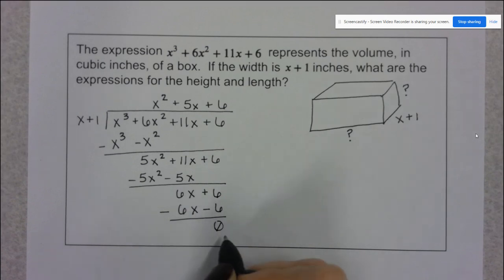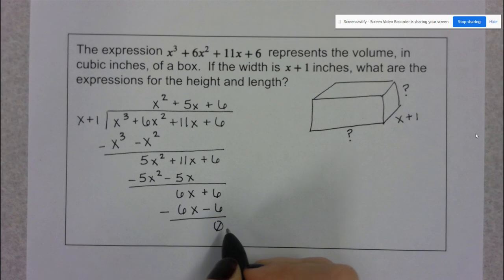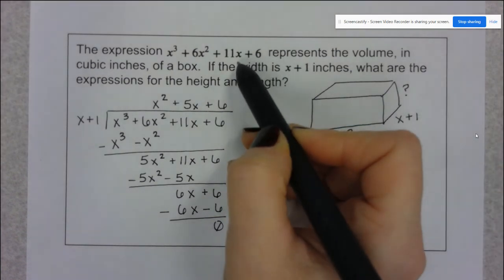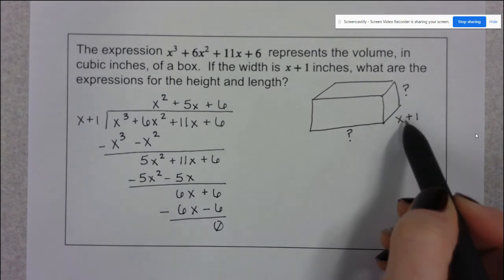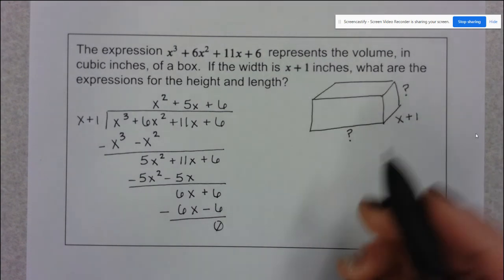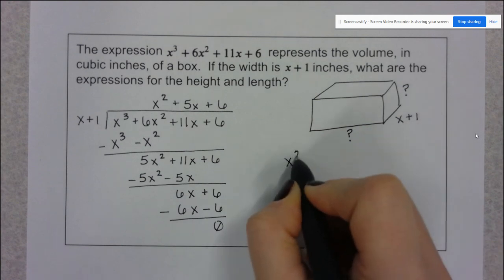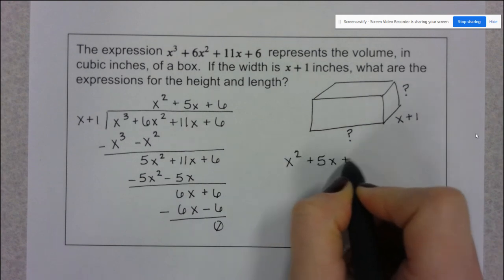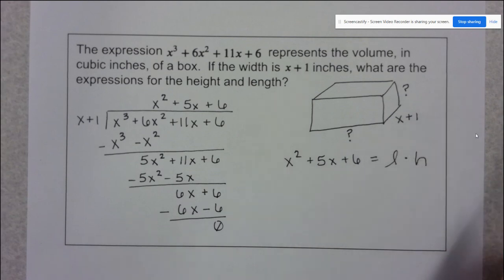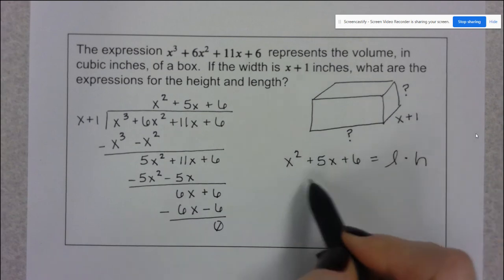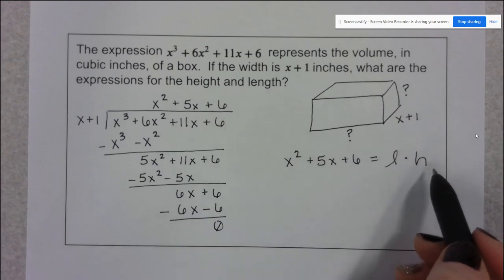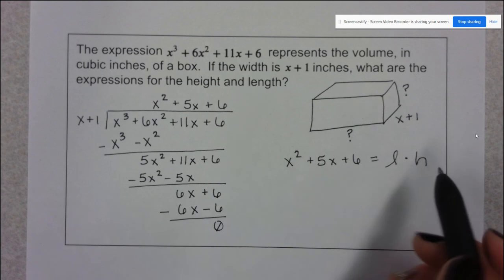I had to get a remainder of 0 because I know this is a factor of this polynomial because the length times the width times the height gives me volume. So x squared plus 5x plus 6, that represents the length times the height. So I need to factor this statement here in order to get the factor that represents length and the factor that represents height.